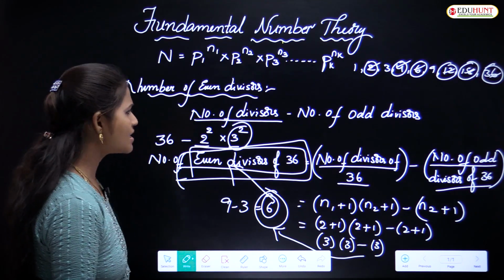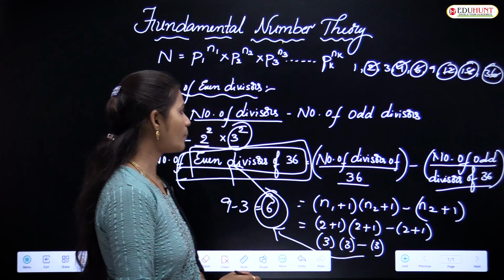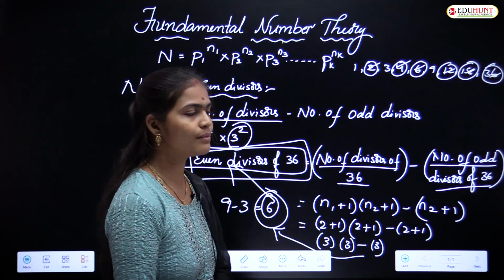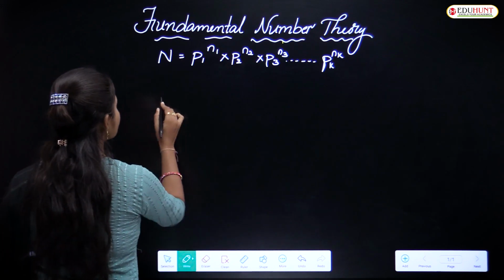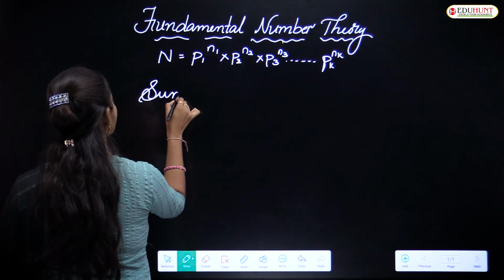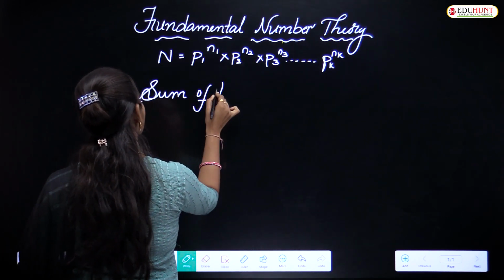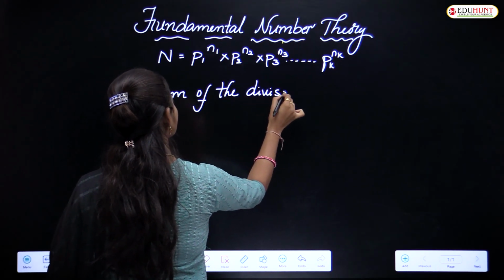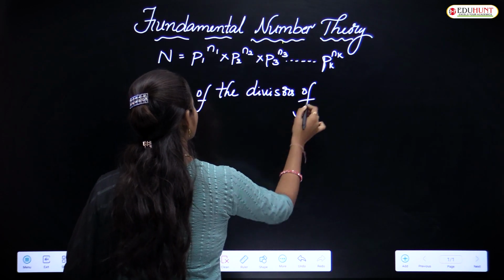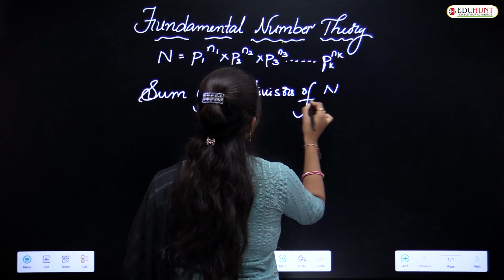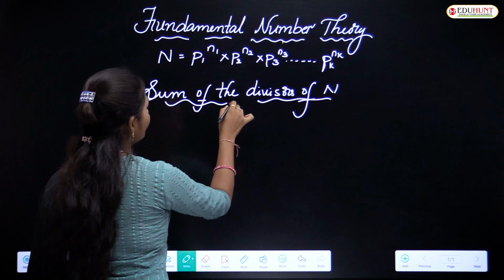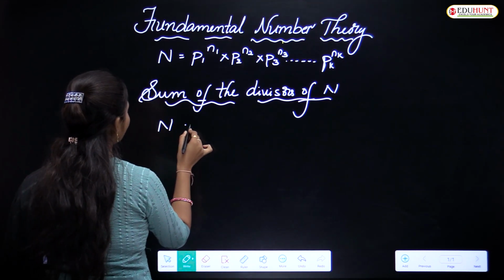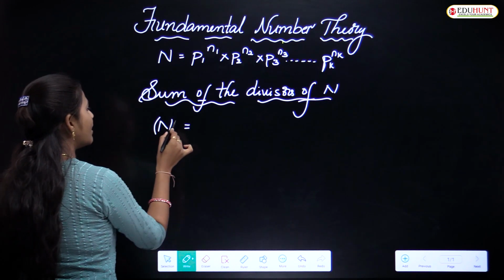Again we will discuss this in worksheets. Let us see the next one: the sum of the divisors of a given number. Here n is a given number. What is the formula to find the sum of the divisors?